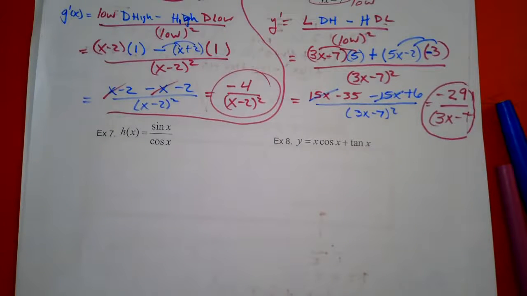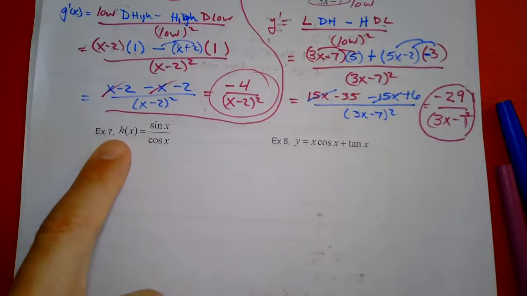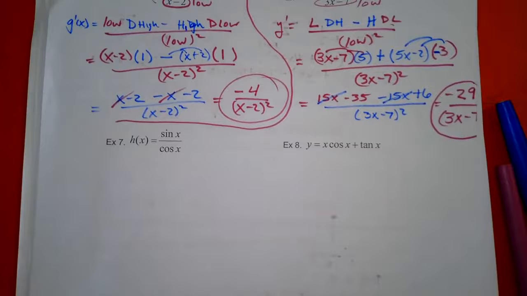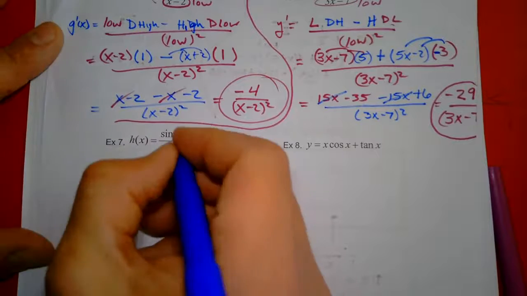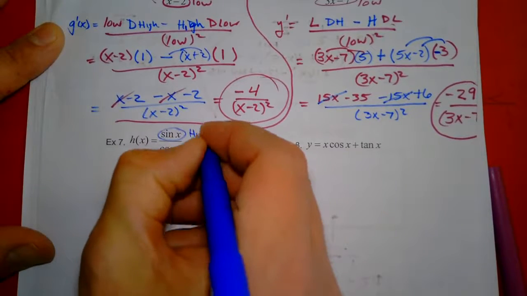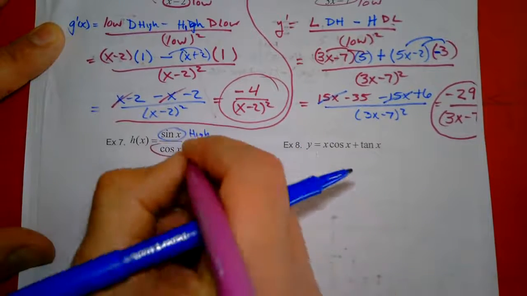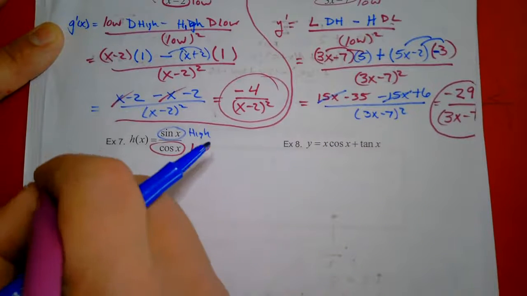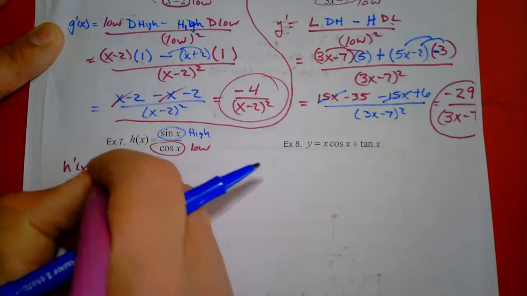Here we go. All right. Last but not least, I want to do number 7. I've got h of x equals sine of x over cosine of x. I'm going to do this one real quick. This is my high one. This is the low one. So again, I want to do h prime of x.